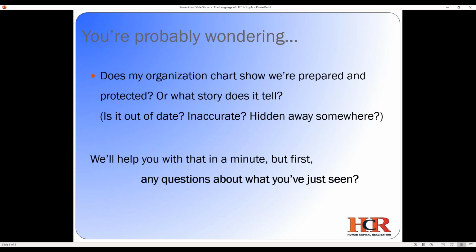What HR information can you show on the organization chart? Thank you, Maria. What a great question. Look, on the organisation chart, we didn't have very much information, but there's no limit to what information you show on the organisation chart.